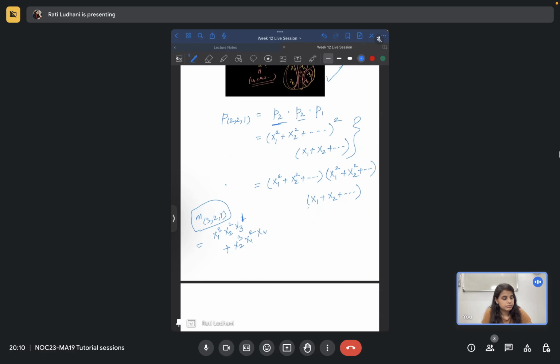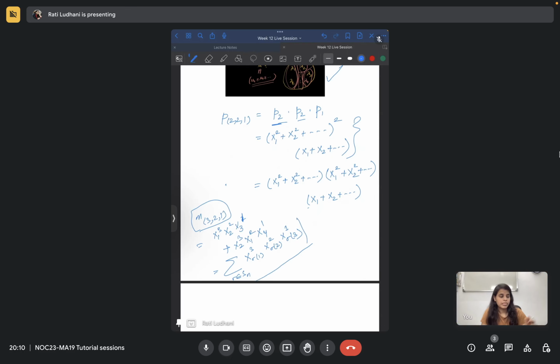So we consider all the permutations, all the sigma belonging to Sn, such that this is x sigma 1, and the powers will be 3, 2, 1. This is exactly your m.